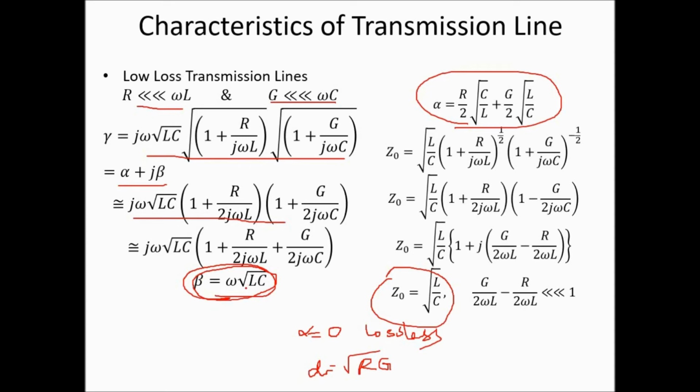But beta is the same for all the transmission lines, and also the characteristic impedance is the same for all the transmission lines. Only the attenuation constant differs. So it is 0 for lossless, the square root of rg for distortionless, and this expression is for low loss transmission line.